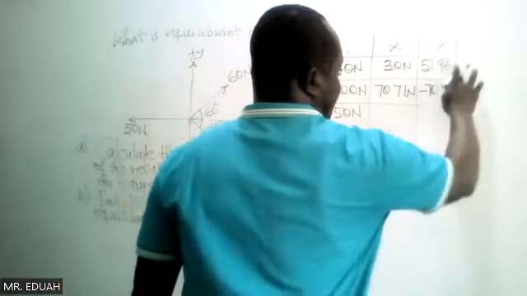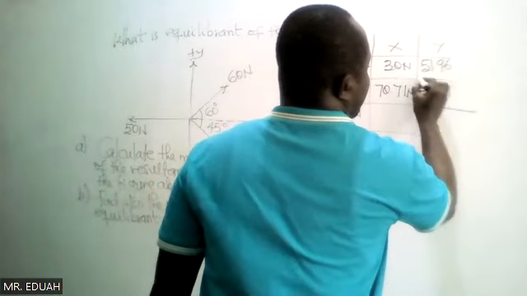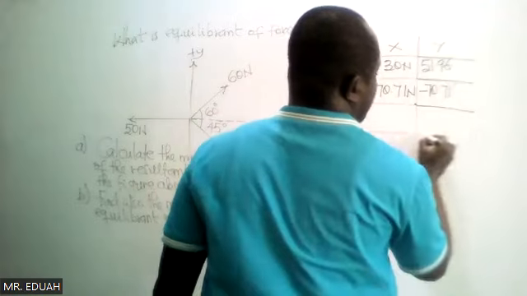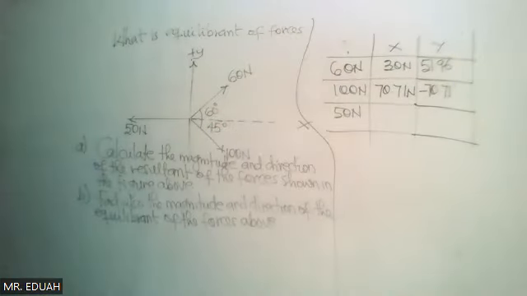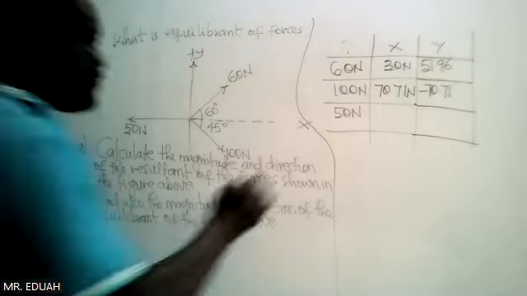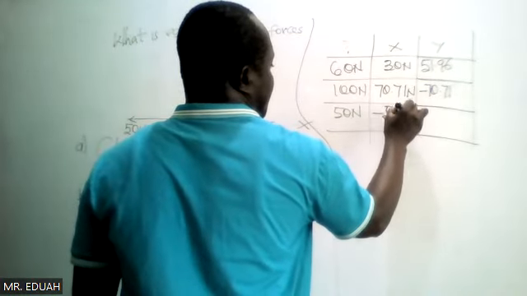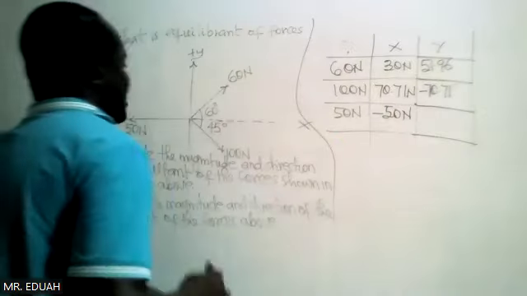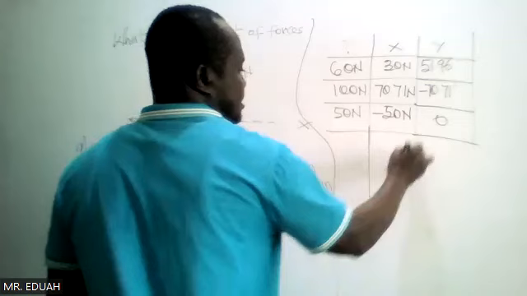Please, are we okay? Then the 50 Newton is along the X axis. So negative 50 Newton as the X and 0 Y. Summation.